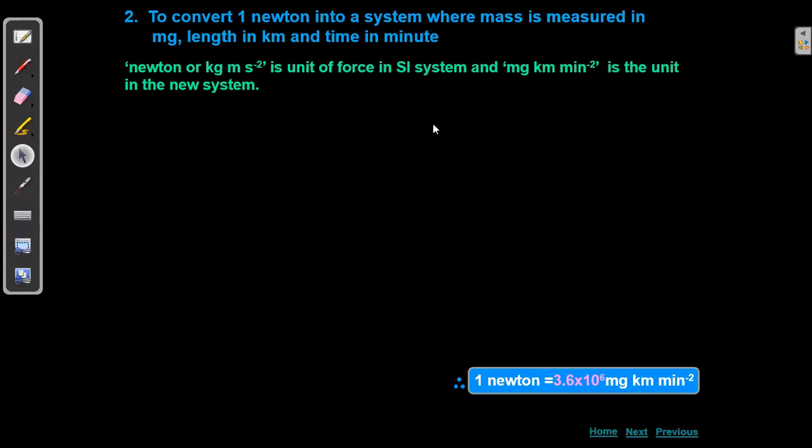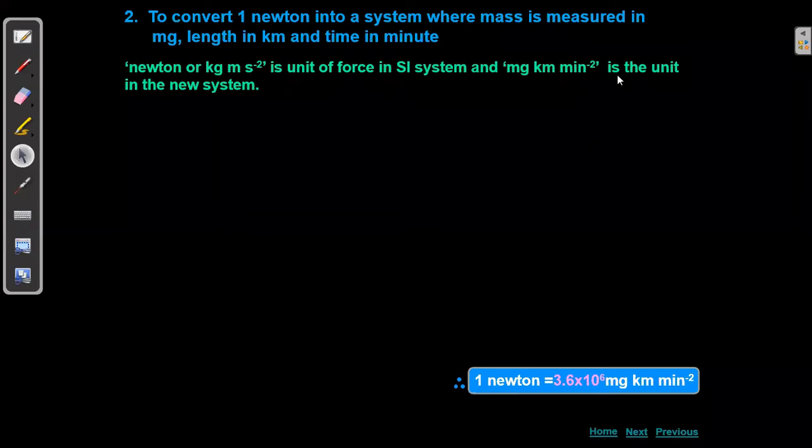N1 is 1. Next, the force is in SI system, and we want to convert directly to the system they mention. They are not asking us to convert it into CGS system. The mass should be in milligrams, length should be in kilometers, and time should be in minutes.